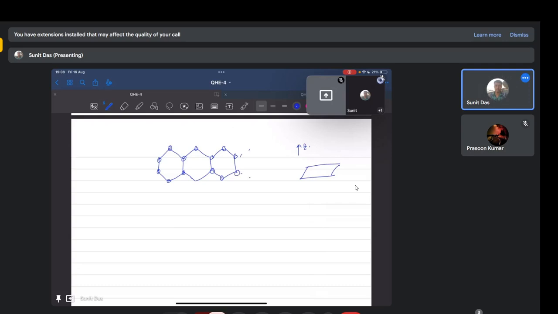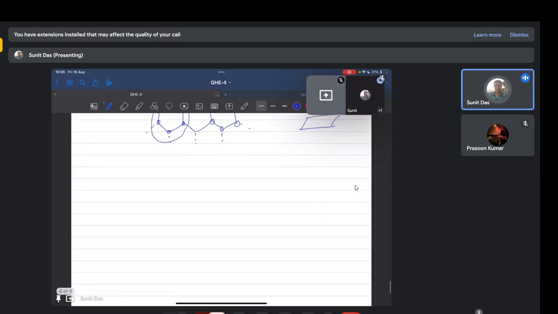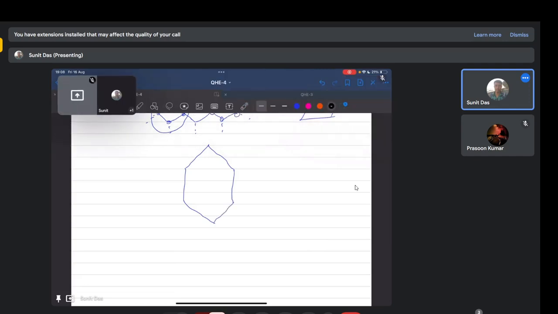It goes on. Let's focus on one of these honeycomb structures.